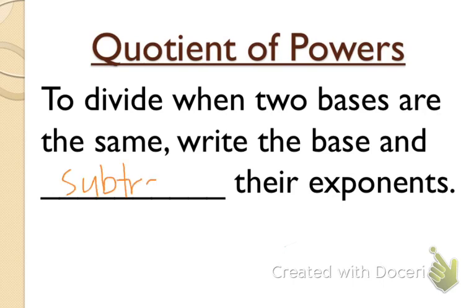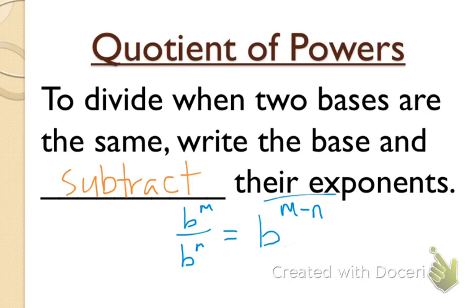And that is exactly what you were thinking. Subtract their exponents. So what this is saying is, let's say you have this power divided by this power. Since their bases are the same, I'm going to keep the base in my answer, but I'm going to subtract the exponents. And that's all it is.